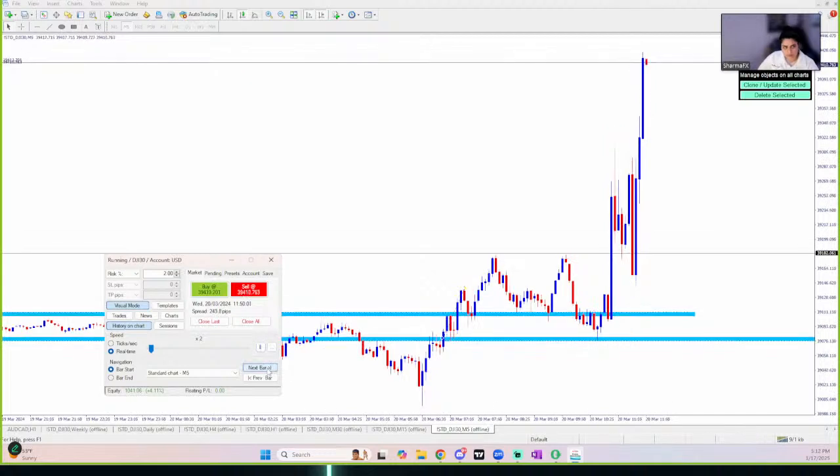Just do next bar. That would be too wide of a stop loss again, so we're going to do next bar.